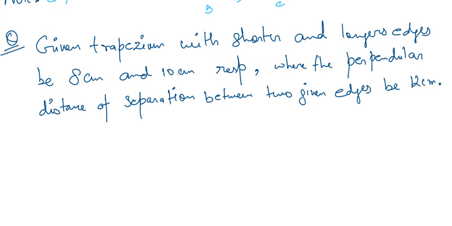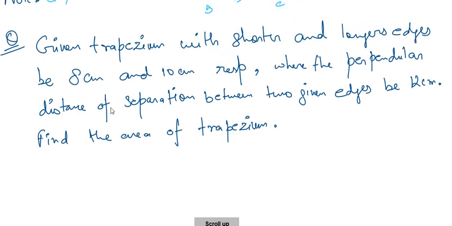Then it is said, find the area of the trapezium. Okay, it's a direct one. Let me just solve it. Let me illustrate how we plug in the values in our formula. After that, I will give you an interesting question for you to try.